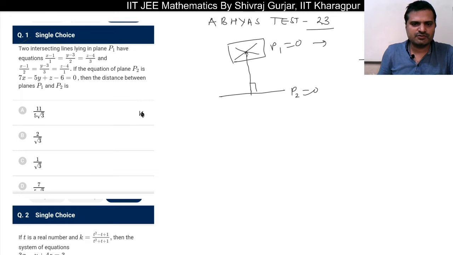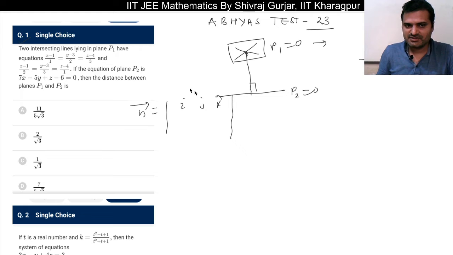So what will be the normal vector of the plane? i, j, k. The direction of the first line is 1, the direction ratios basically, direction ratios of a line determine direction. So this is 1, 2 and 3. Similarly, the direction of the second line is 2, 3 and 1.